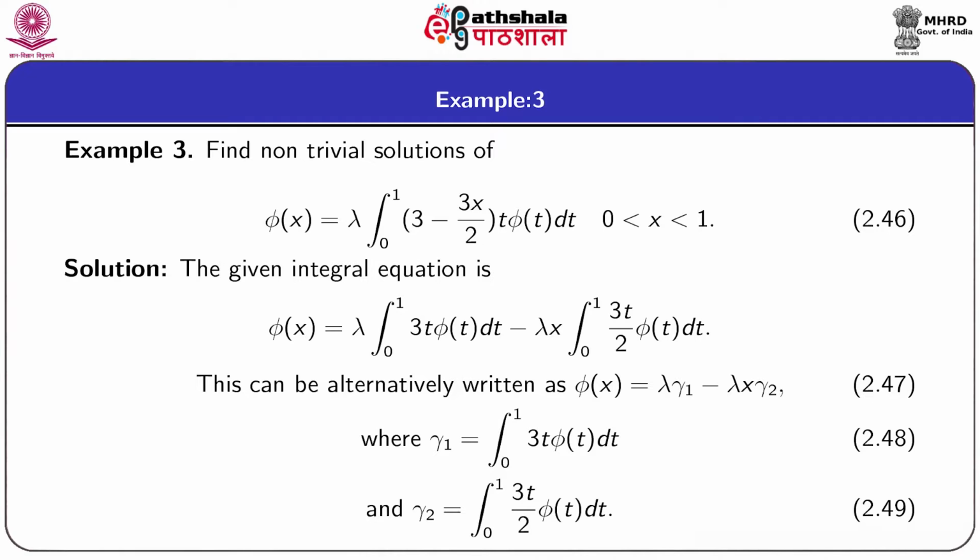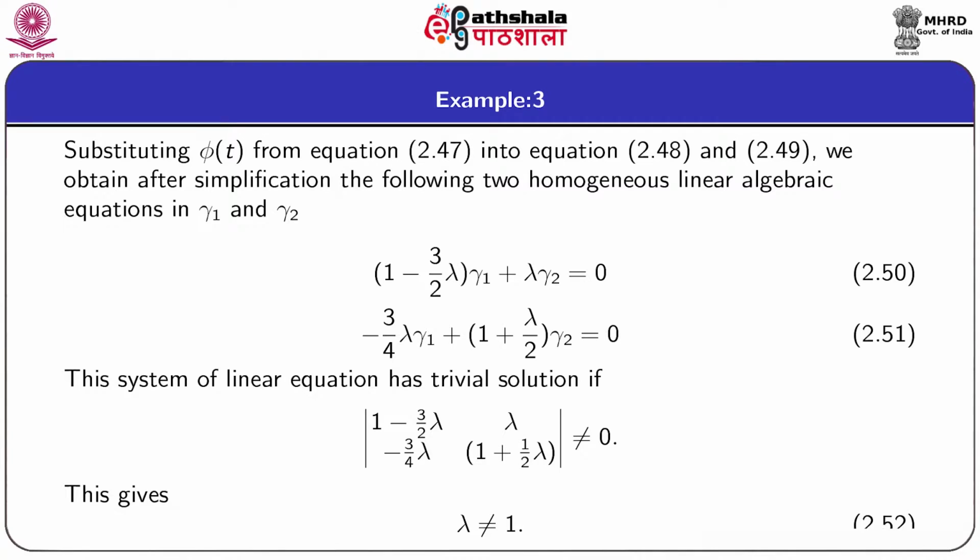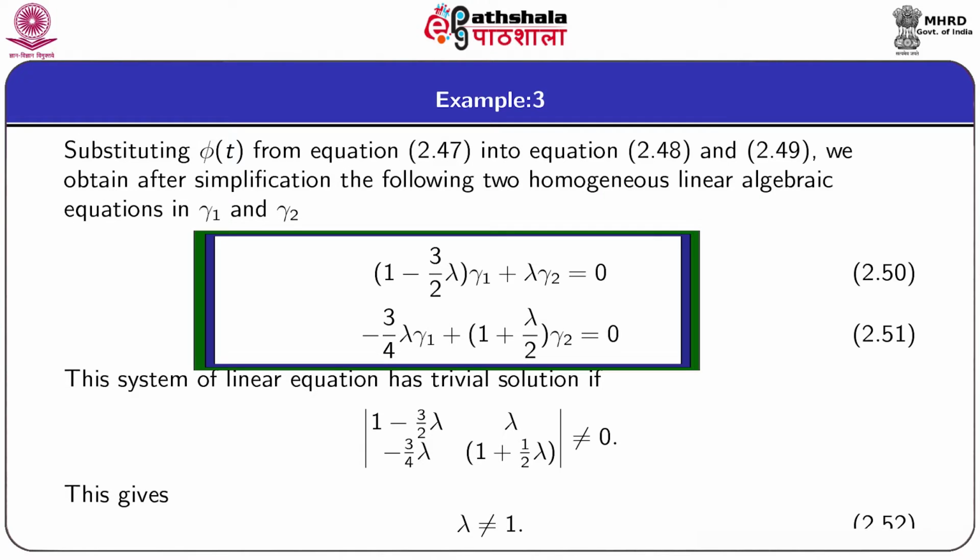Next, we substitute phi x from equation 2.47 into equation 2.48 and equation 2.49 to obtain the following two homogeneous linear algebraic equations in gamma 1 and gamma 2, as given by equations 2.50 and 2.51.